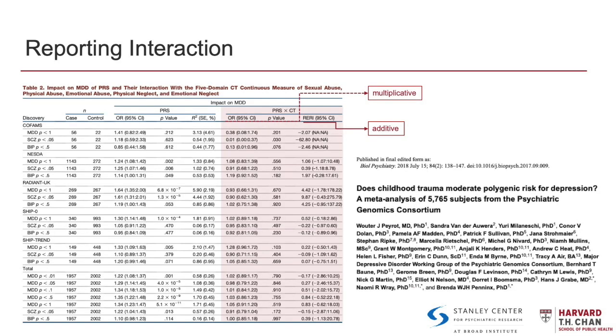Another final example, to give you a genetic epidemiology focus, is a study conducted by investigators from the Psychiatric Genomics Consortium, where the genetic effects of major depression disorder are evaluated using PRS, which will be covered in our session on polygenic risk scores. In particular, the investigators tested if there is interaction by history of childhood trauma, and childhood trauma was evaluated in different stages.